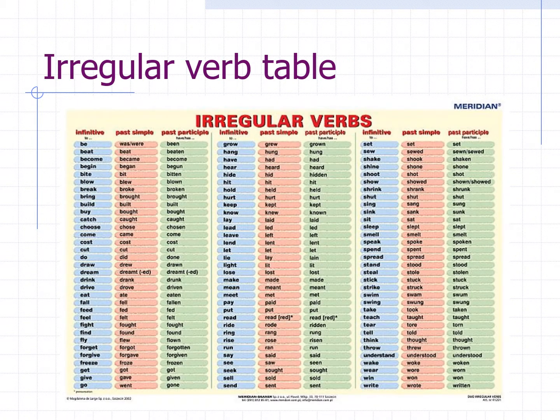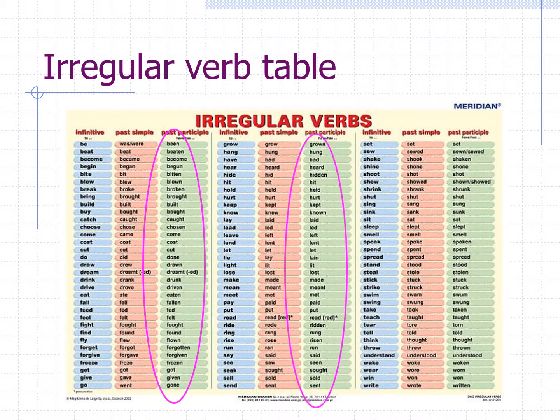On this table, you will find the spelling of the past tense and the past participle of some of the irregular verbs. Look at the third column. Now these are the past participles of these irregular verbs, and let's take a look at some examples. Take a look at bring.